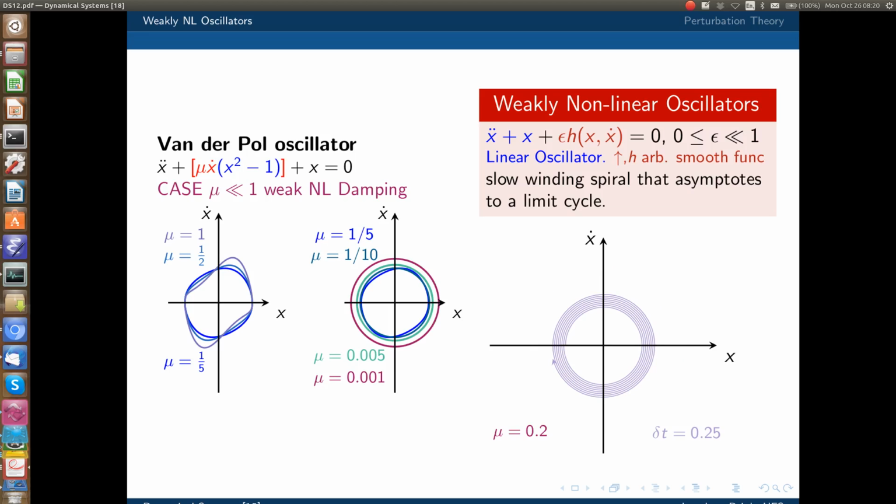Here is a trajectory that starts, I think, at -1 or 1, 0, and then it spirals in. It spirals in really, really slowly. The trajectories are very close together, and that is necessary for the analysis we're going to do.